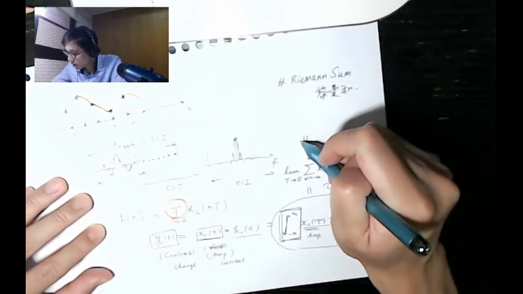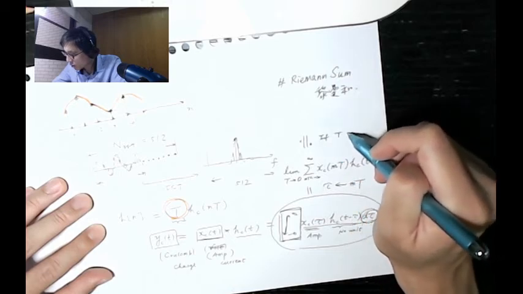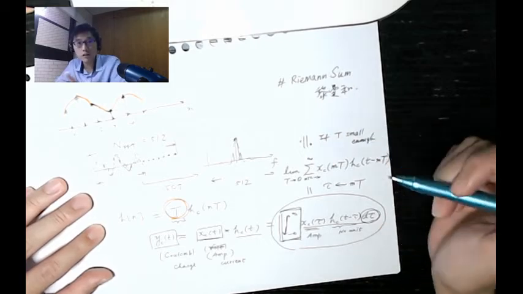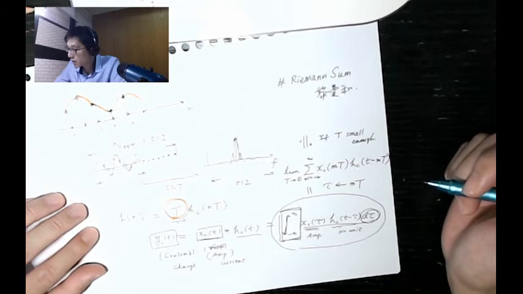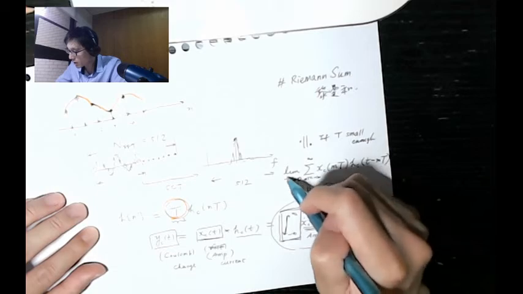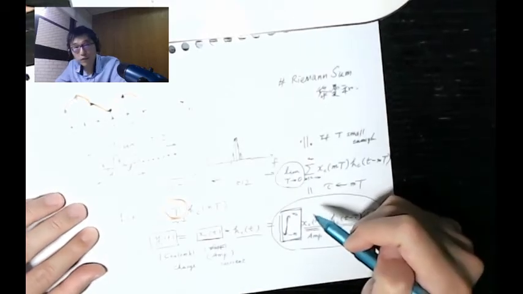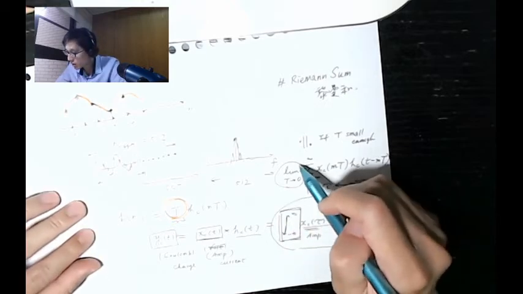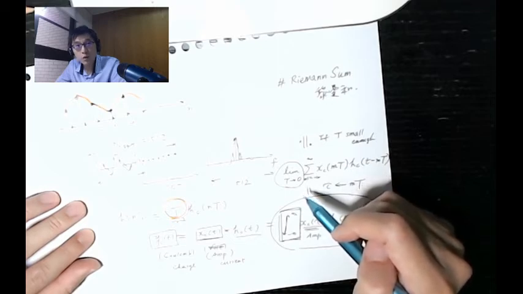Next, if T is small enough, how small is small enough? That's for you to determine. But if T is small enough, then with a finitely small T, we can just ignore the limit.